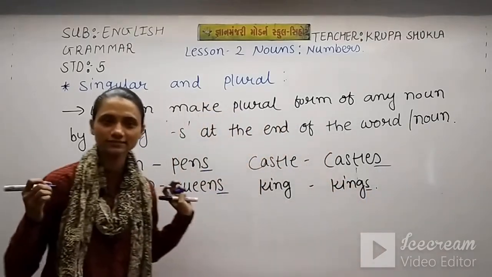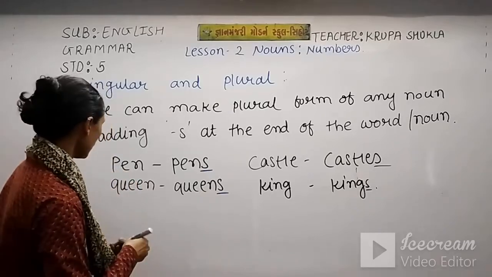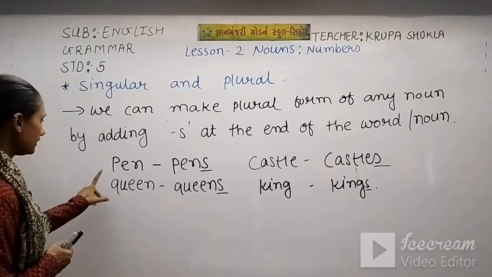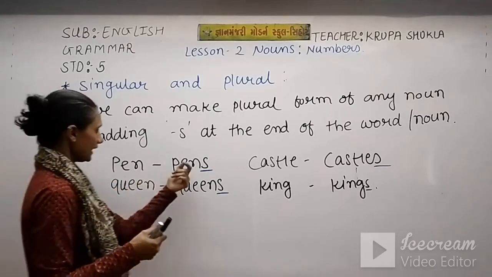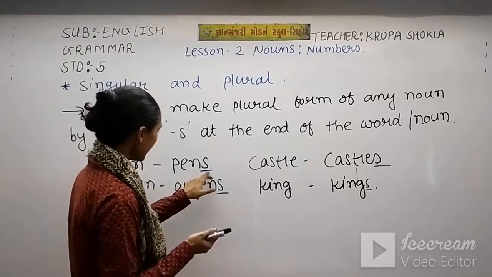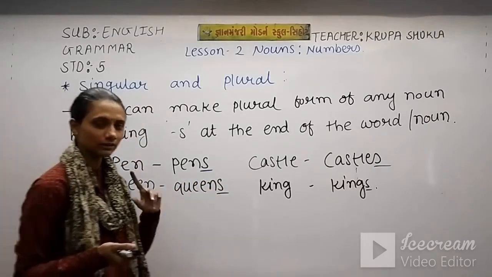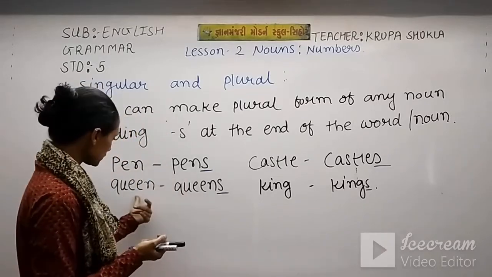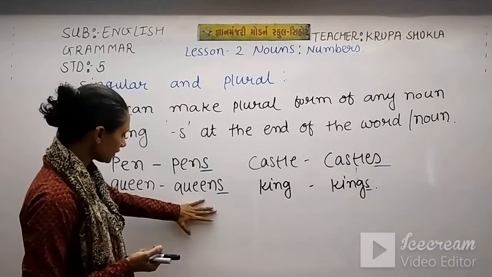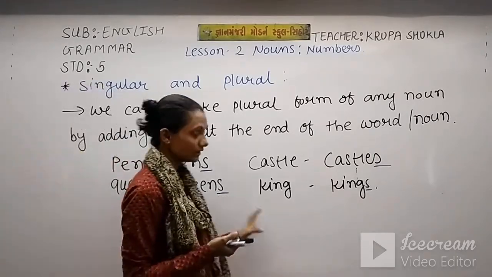So this way we made these words in plural form. So here we are talking about only one pen, that's why we used it without s, and here we are talking about more than one pen, so we have s. Here we have queen, so we are talking about only one queen, that's why we have used this word without s. But here we are talking about more than one queen, that's why we make it plural using s.